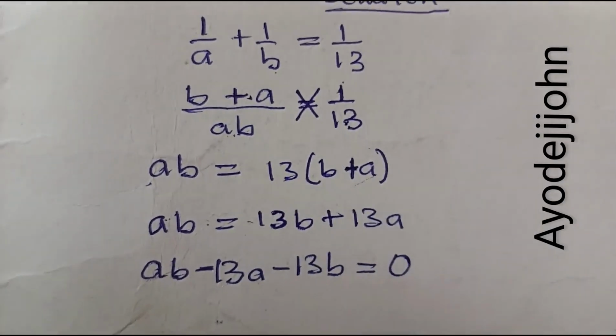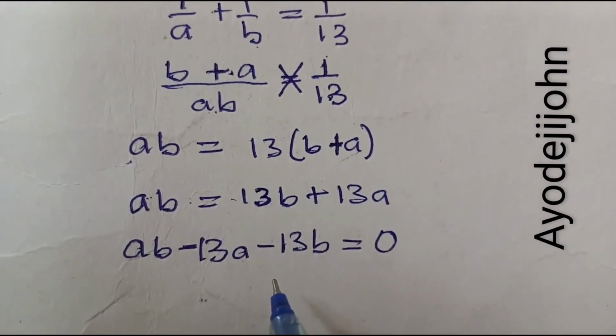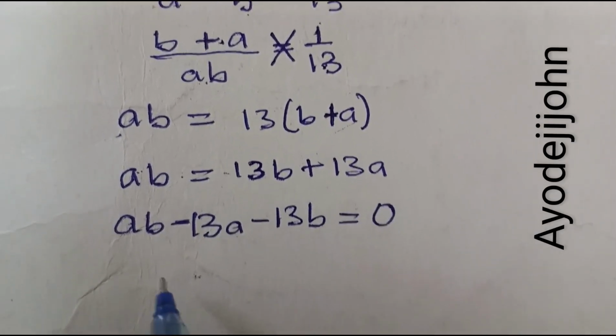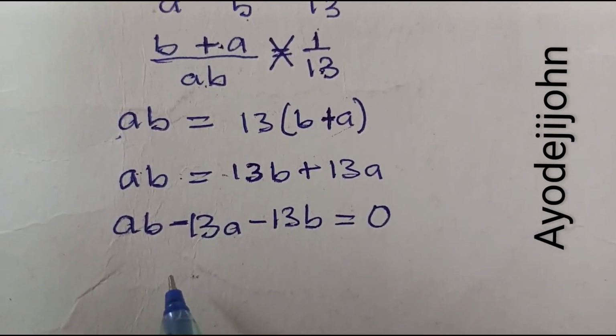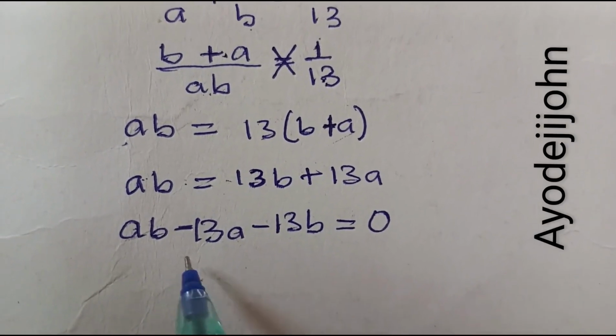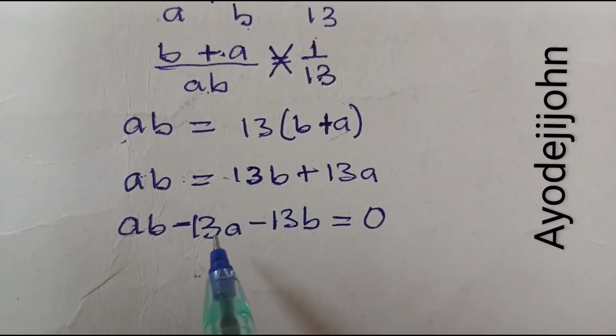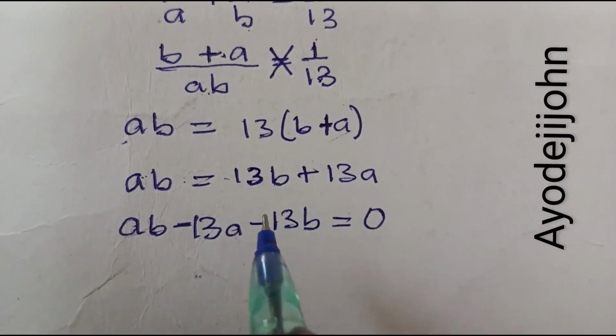Okay, so the next thing we have to do here is to factorize, but this cannot be factorized completely because it's not a complete rectangle. So let's use the complete rectangle method.